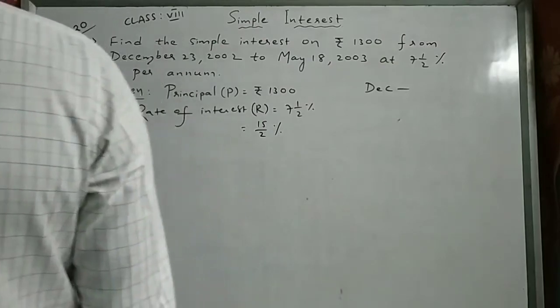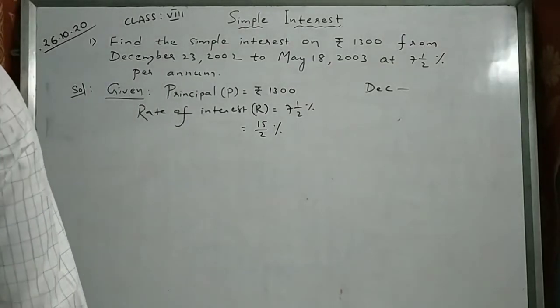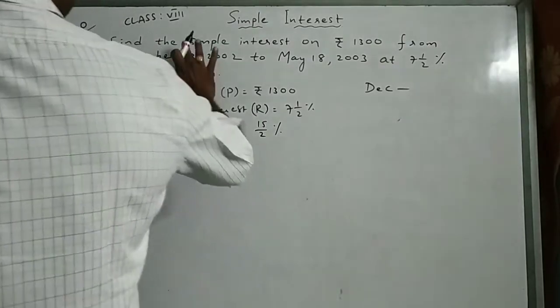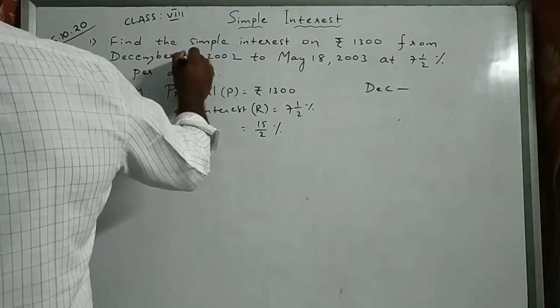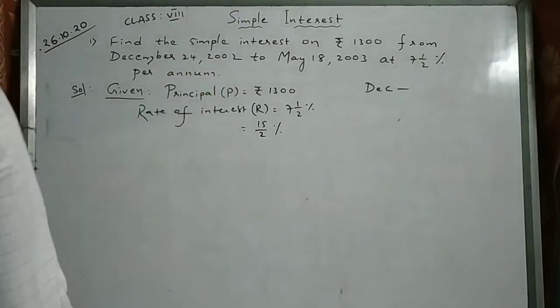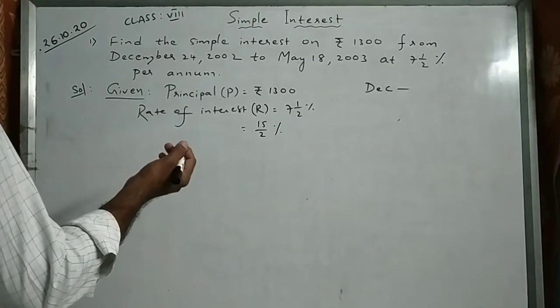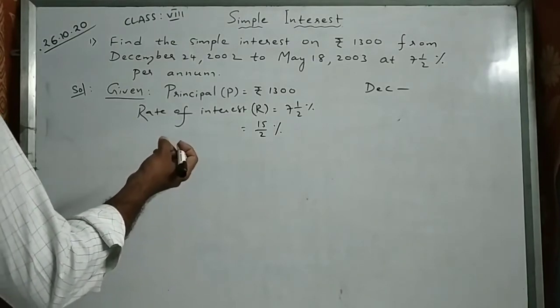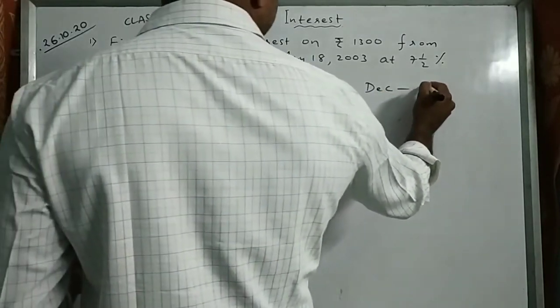Then you change it one more: 24 means you will get 24, 25, 26, 27, 28, 29, 30, 31. So 8 days you will get.